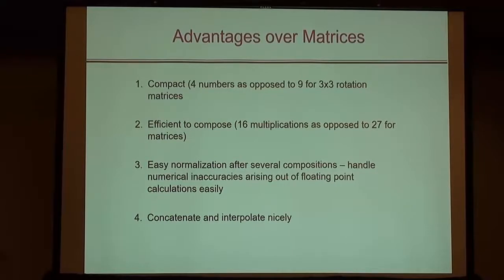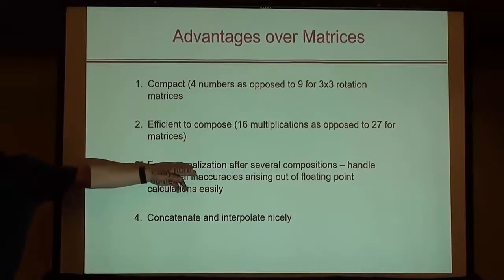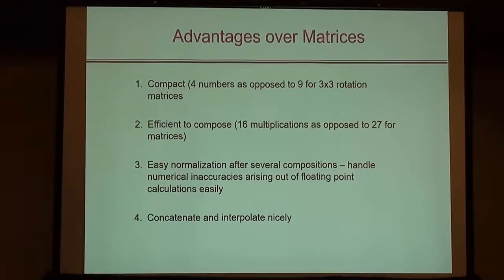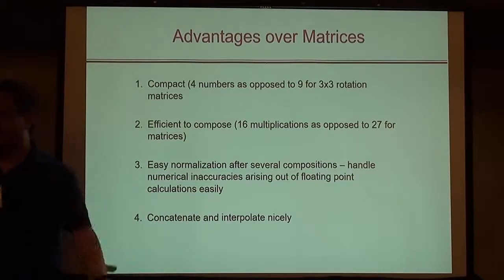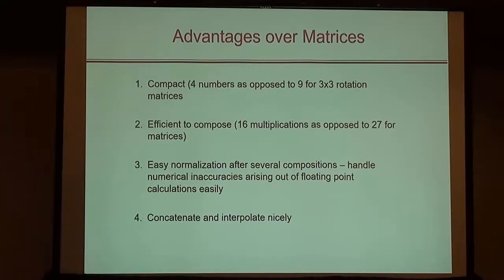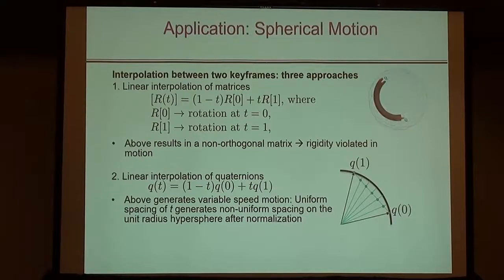And you can normalize quaternions easily. And the last one is that because the quaternions have independent components, if you want to do interpolation, it will be very easy, which is something that we will talk about in the next slides.